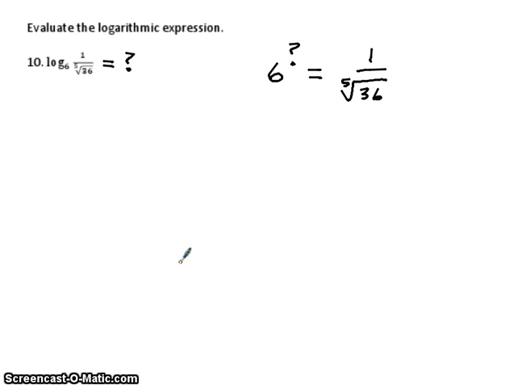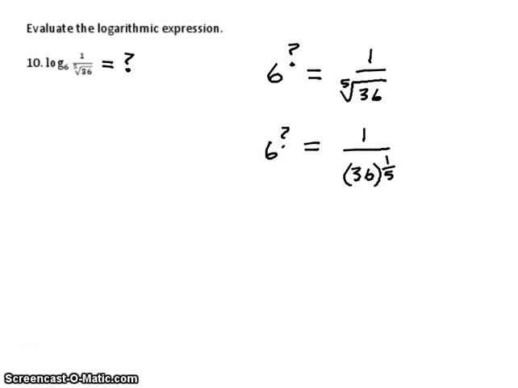So what I want to do is I want to change the right side so that I have a base of 6. So let's go ahead and press pause. First we write with a fraction exponent. Now we're going to change the 36 into a base of 6 to the second.